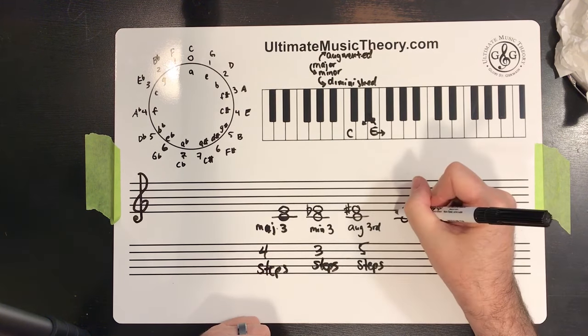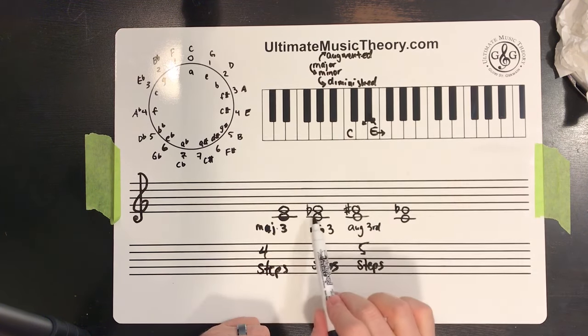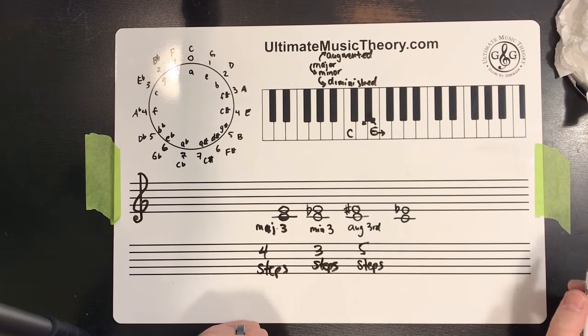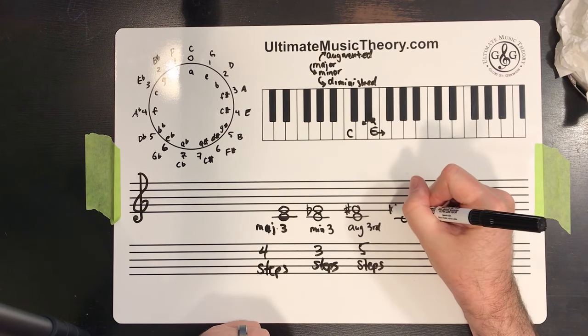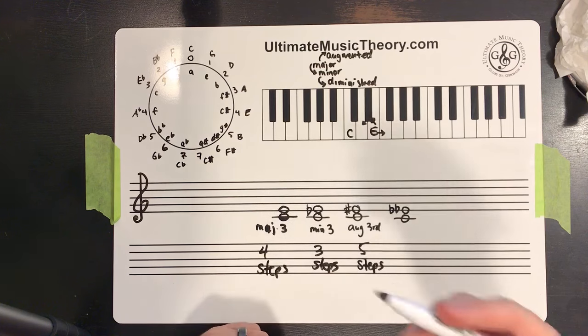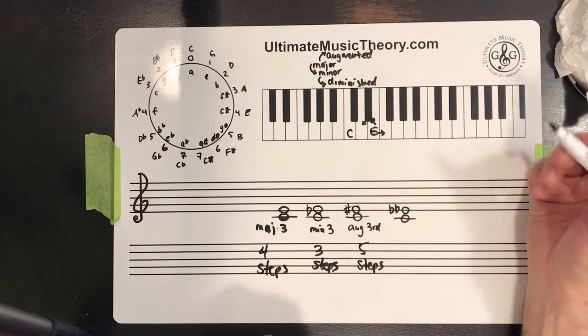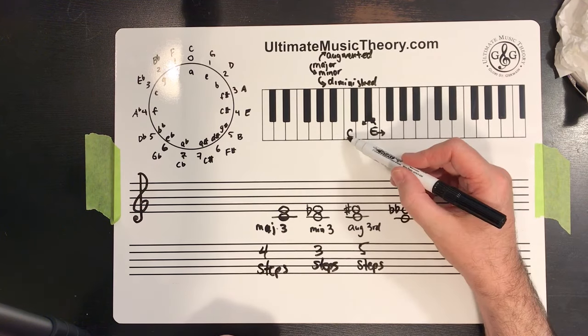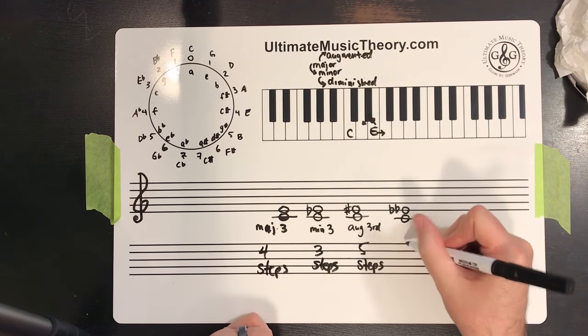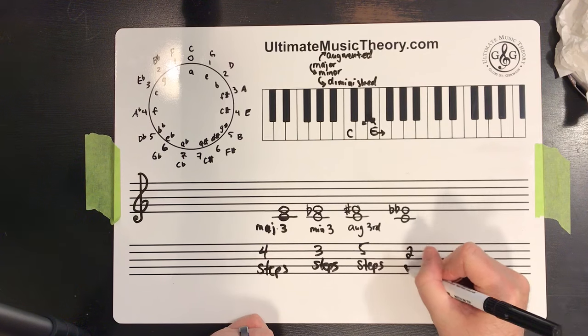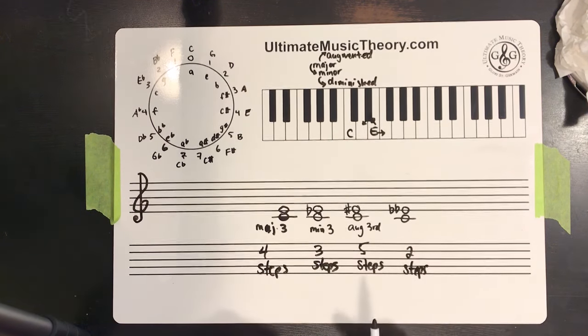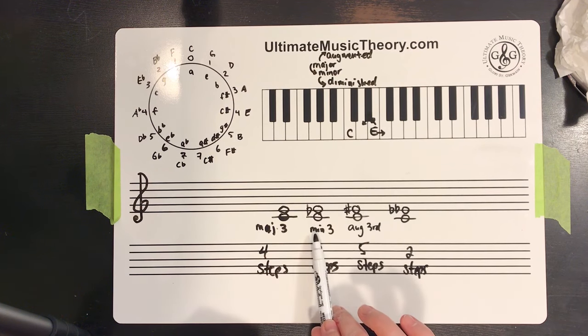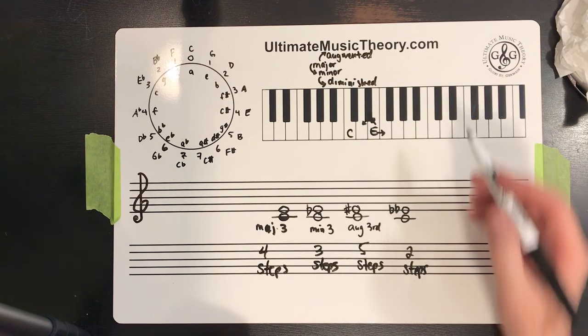There's our minor. And to go to diminished, we add a second flat. So here's where double flats and double sharps come in, and we talked about those last class. So now, a diminished is actually only 2 steps. So diminished is the smallest, and then minor, and then major, and then augmented.